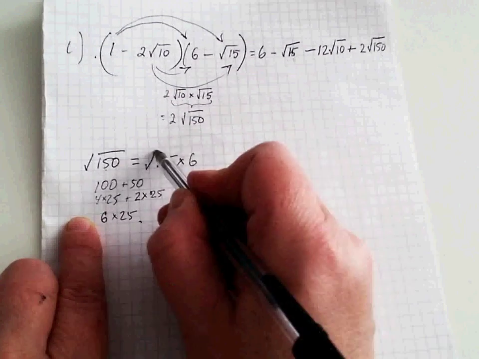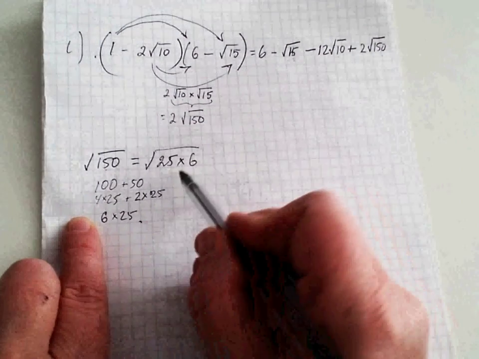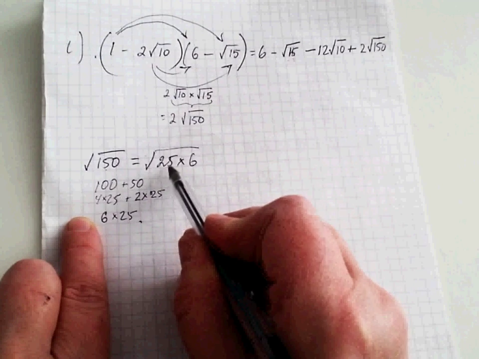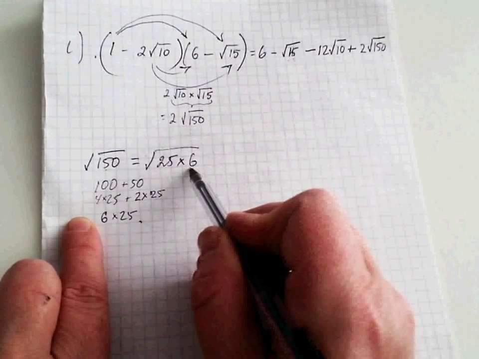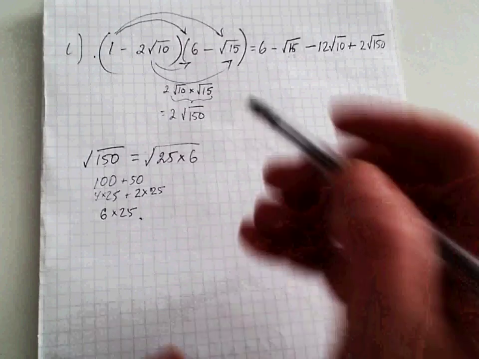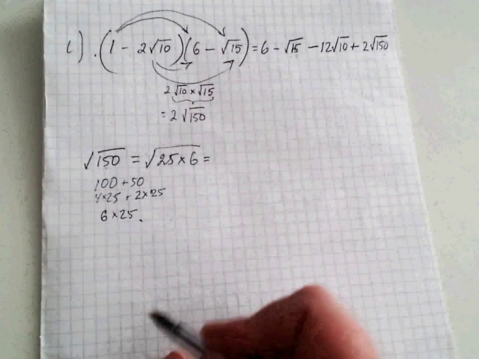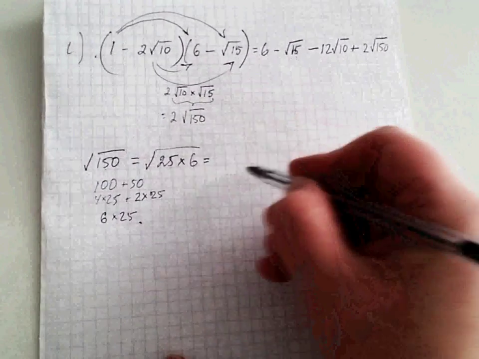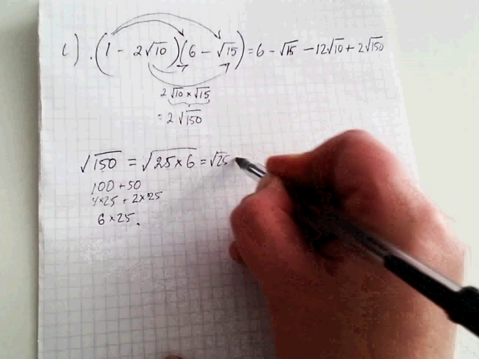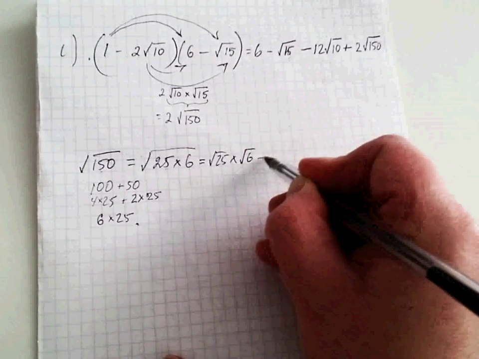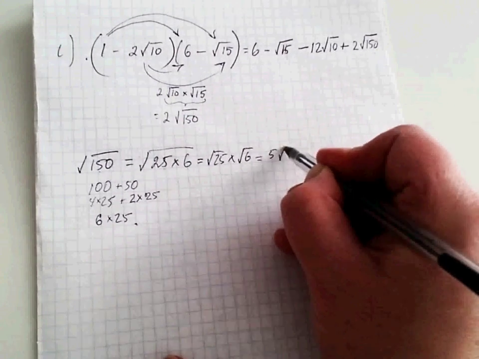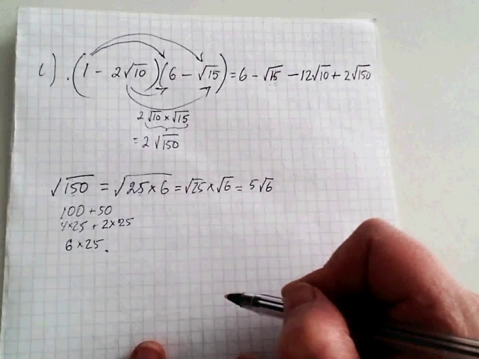Therefore 150 is 25 times 6. I believe it is the biggest perfect square that I can find here, because 6 is just 2 times 3 and doesn't contain any perfect square that I could use. So I'm taking 25 out of the square root. Square root of 25 is 5, times root of 6.